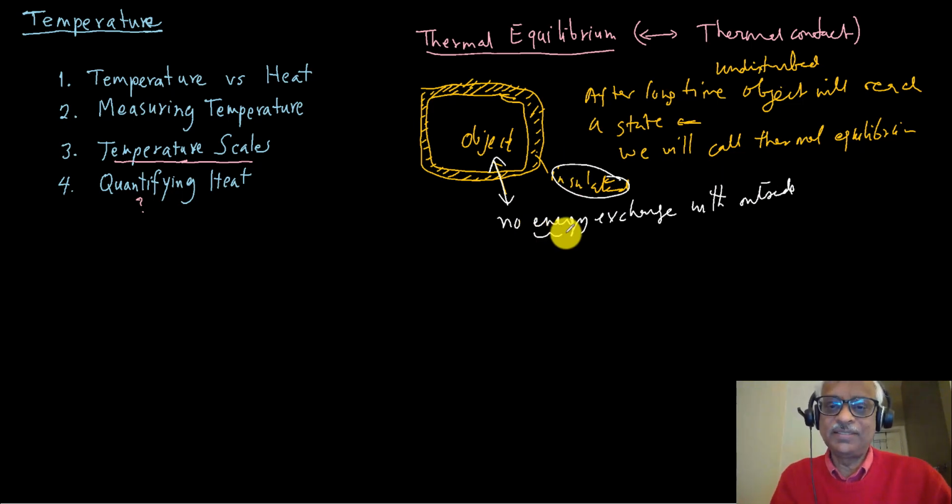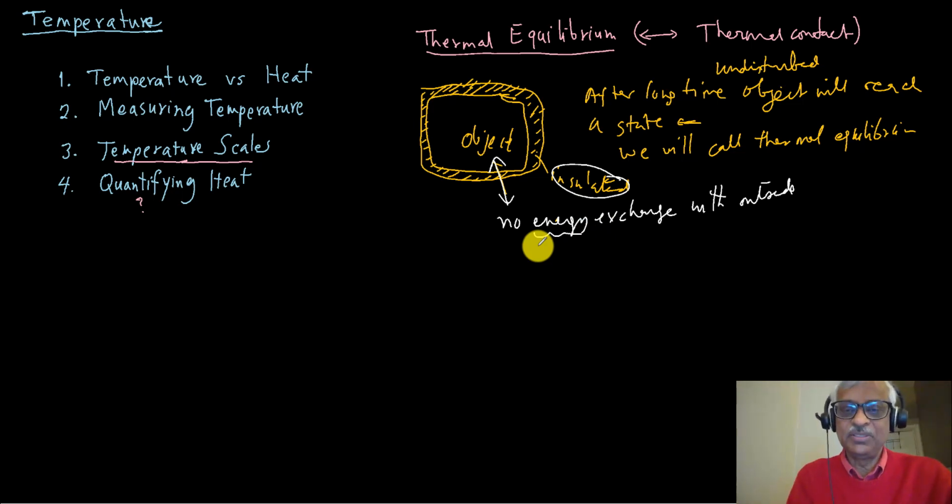Now here's another abstract thing, right? Energy exchange, no energy exchange. This whole idea of thermal equilibrium is tied in with the no energy exchange. So we can actually do another system.